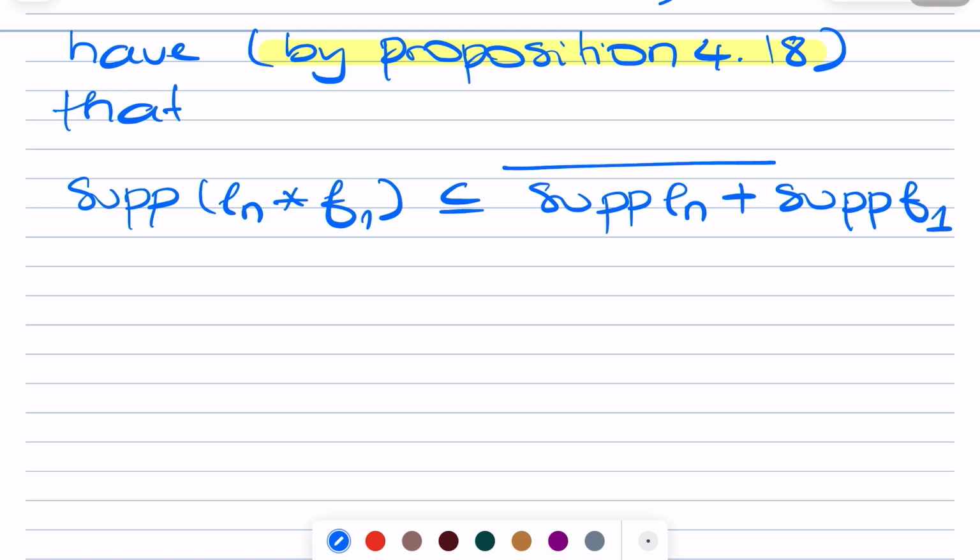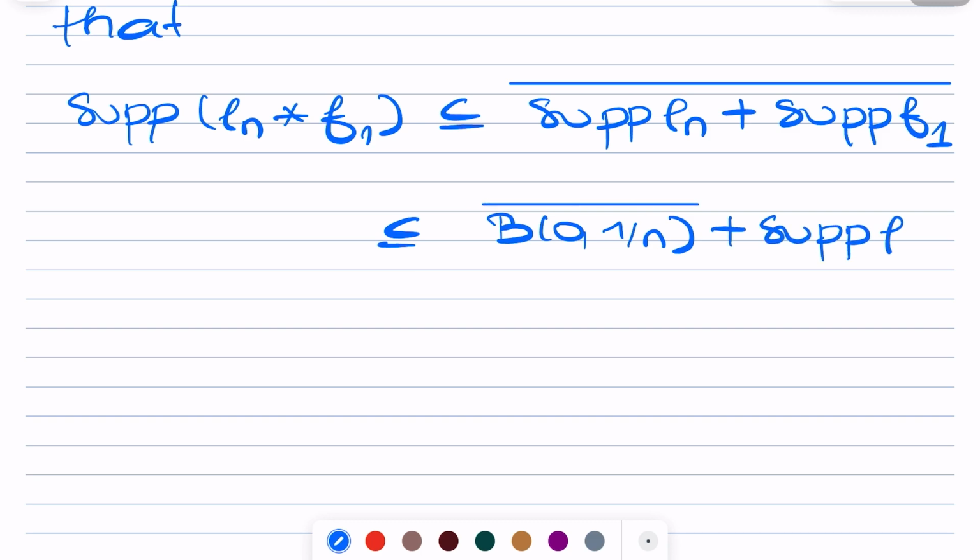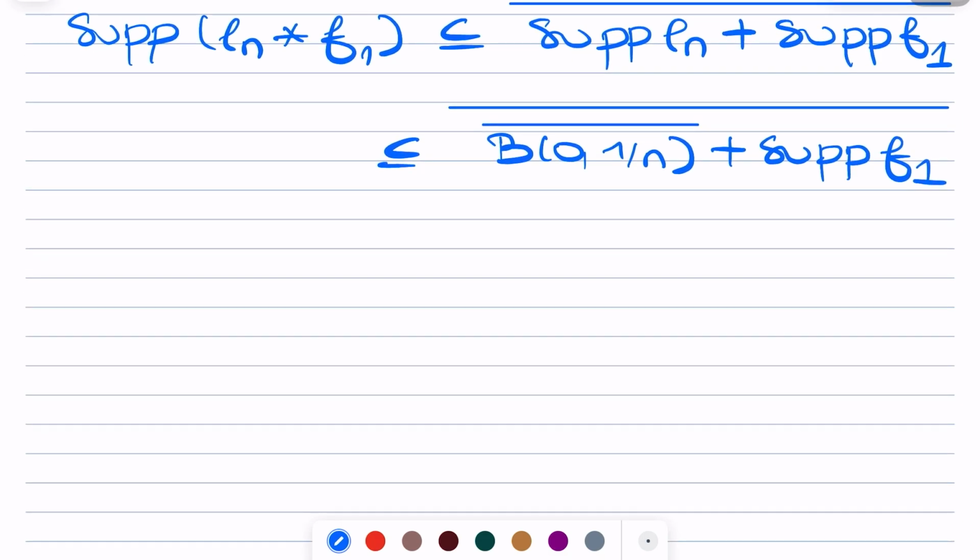Now we know that the support of rho n is contained in the closed unit ball, by definition of a sequence of modifiers. So this is contained in this plus the support of f1. We can actually remove the closure because this is closed, and this is also closed, so the sum is closed. So this is contained in the closed ball plus the support of f1.